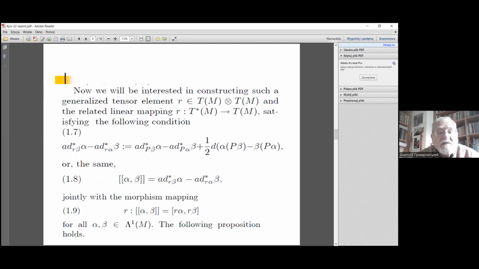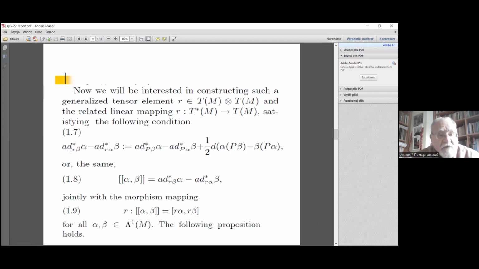We can consider some tensor element R belonging to the tensor product of the tangent space TM with itself, to which there corresponds some linear mapping from the cotangent space to the tangent space, because this tensor element can be considered as a kernel of this mapping.